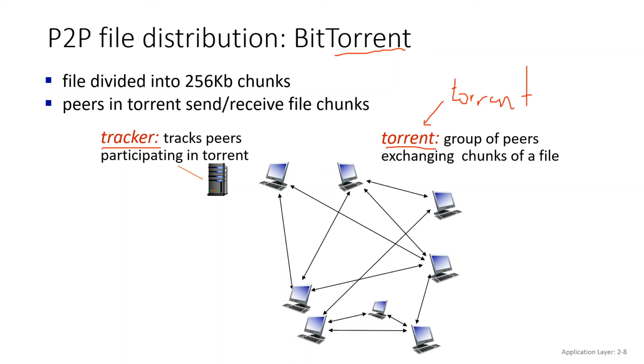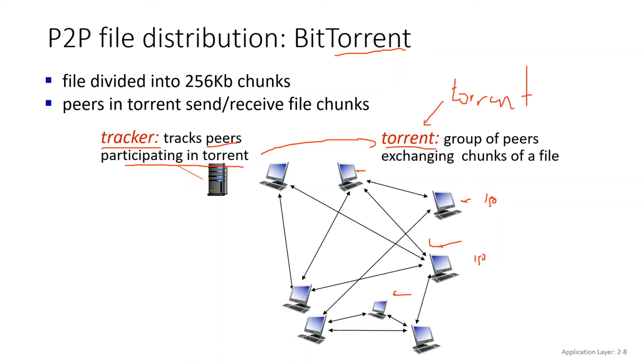The tracker tracks the different peers participating in a torrent, and each of these computers tracked by the tracker has a piece of the ISO, or let's say the image of the Linux file.